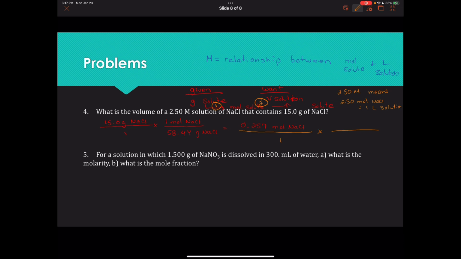We want to set this up so those solute moles cancel. So I'm putting my 0.257 moles on the bottom, my 1 liter on the top, and I'm going to get a volume of 0.103 liters.